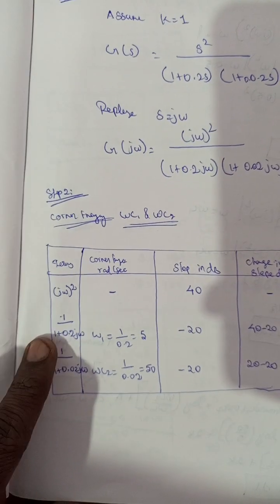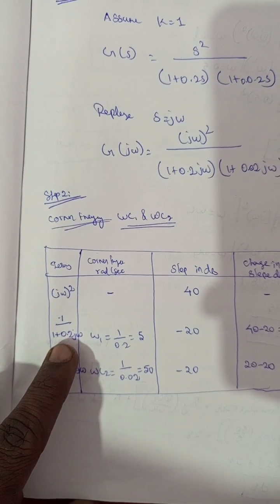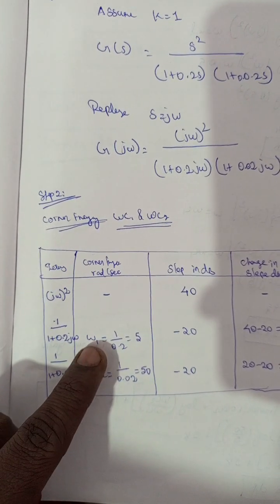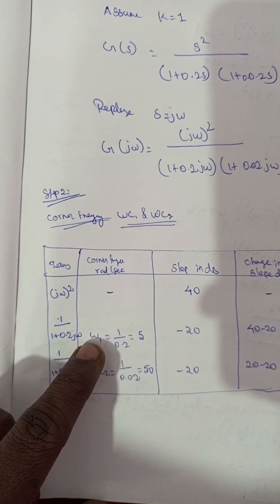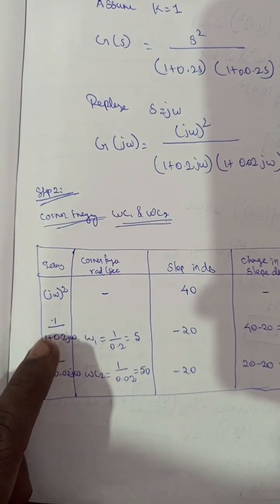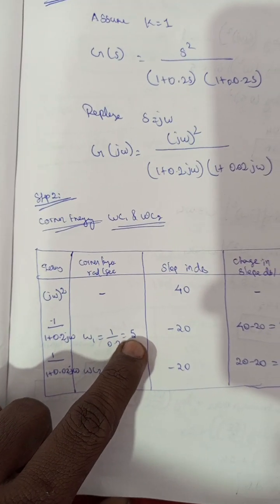For the second term, 1 divided by (1 + 0.2jω), the corner frequency ωc1 equals 1 by 0.2, the real part divided by the imaginary part, which comes to 5.